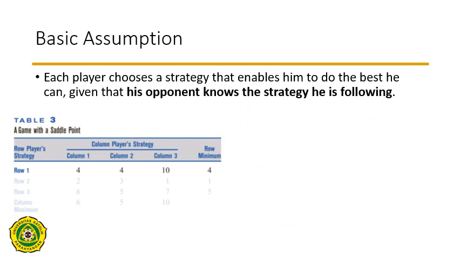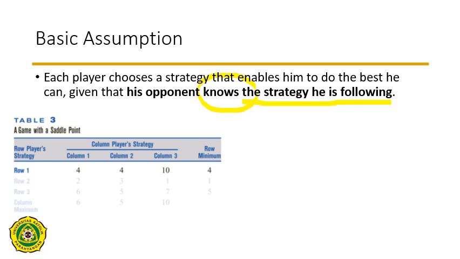In game theory, each player chooses a strategy that enables him to do the best he can, assuming that his opponent knows the strategy that he is following. So we assume that our opponent knows which strategy we are going to play, and then under that condition, we try to do our best.